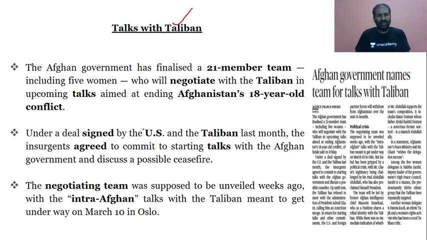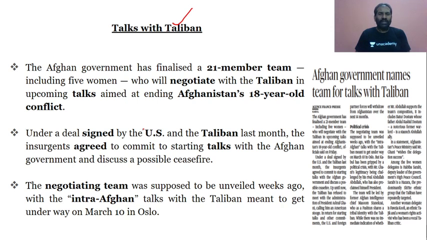After the ISKP attack on the Gurudwara, it is imperative that the Afghanistan government keep aside all the differences within themselves. Afghanistan went for presidential elections in September 2019, and the results were declared, and officially Ashraf Ghani was elected president of Afghanistan.